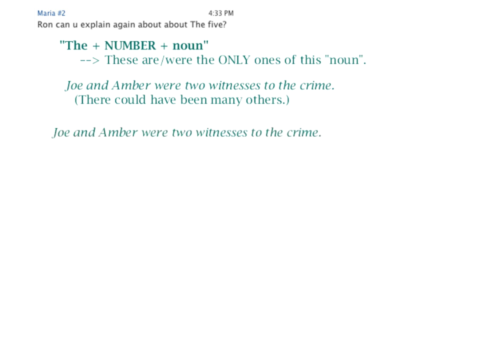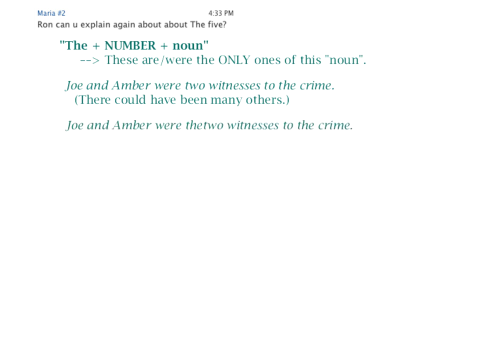On the other hand, if I wrote that Joe and Amber were the two witnesses to the crime, then that implies that absolutely no one except for Joe and Amber saw the crime happen. They were the only two witnesses.